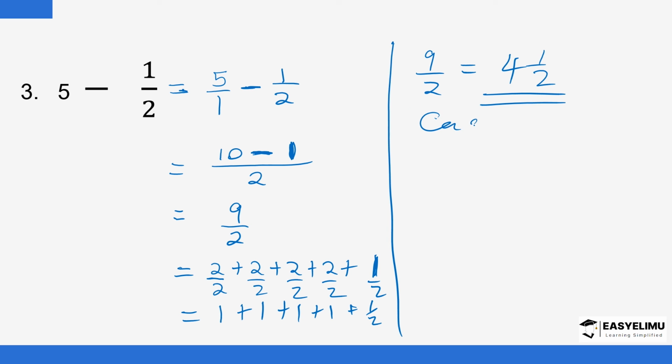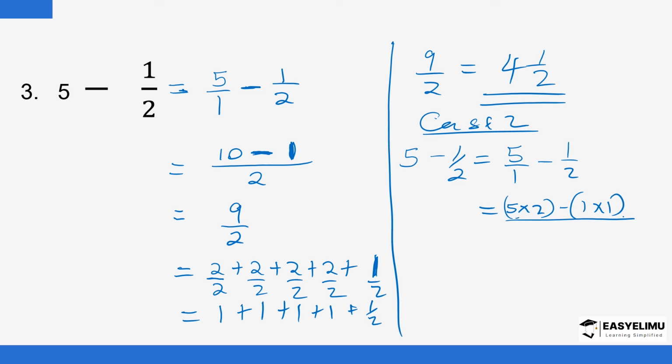Now, case 2 is where we are using cross multiplication. So we have 5 minus a half. Of course, 5 here has to be written as an improper fraction with the denominator of 1, so it's 5 over 1 minus 1 over 2. For cross multiplication, we multiply 5 by 2, starting with this diagonal, minus 1 by 1, divided by the product of the denominators, 1 by 2.